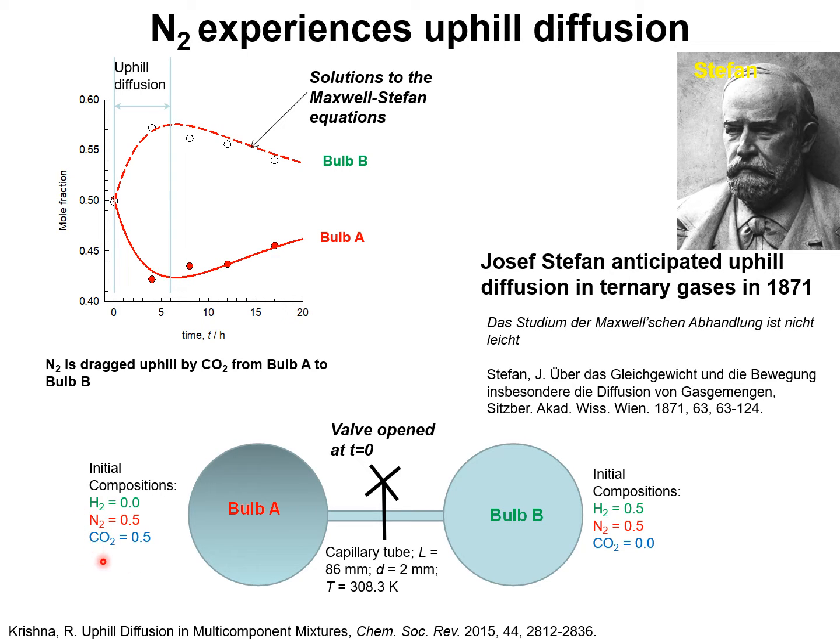appreciated if we note that carbon dioxide in bulb A is initially 0.5 and in bulb B it is initially 0.